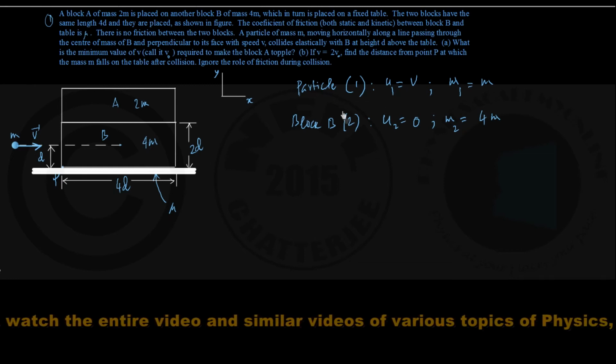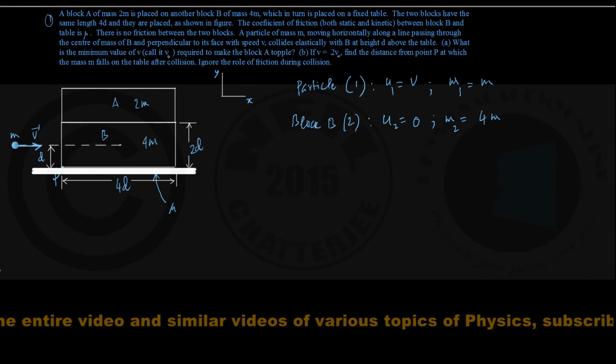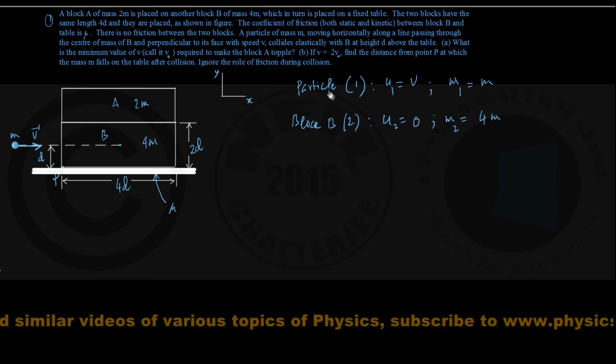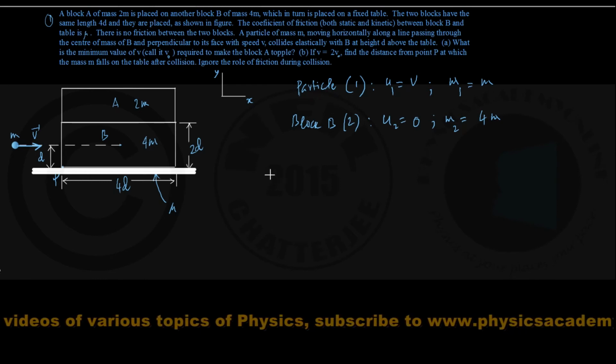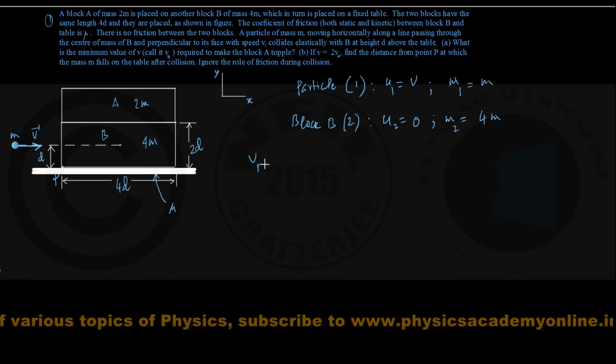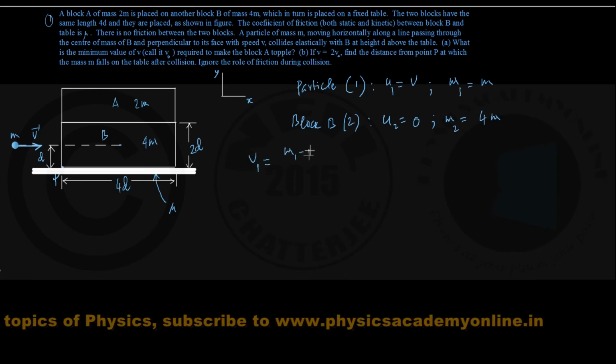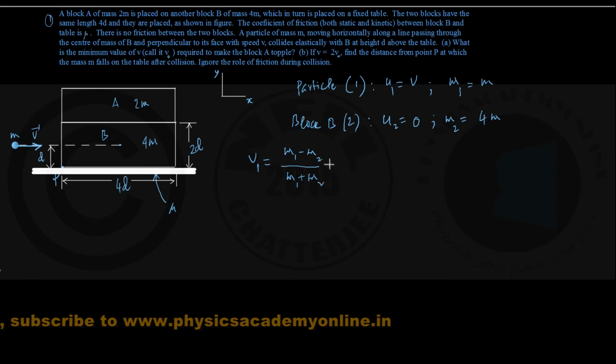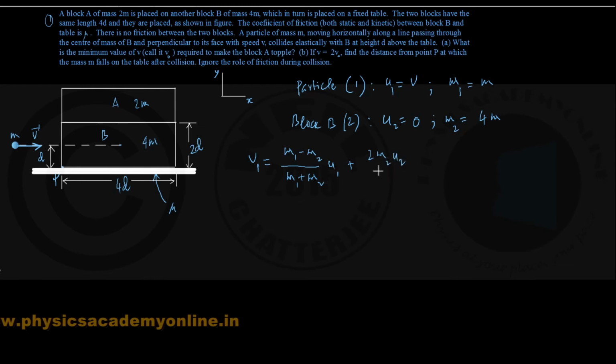For an elastic head-on collision, the velocity of the particle numbered 1 immediately after the collision, v1, is given by (m1 minus m2) divided by (m1 plus m2) times u1, plus 2 m2 u2 divided by (m1 plus m2), isn't it? You have learned this formula while studying elastic collision in one dimension. In our case, m1 is m and m2 is 4m.